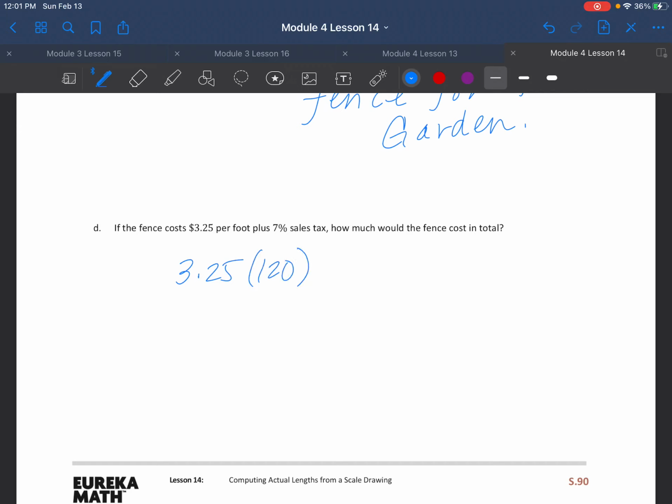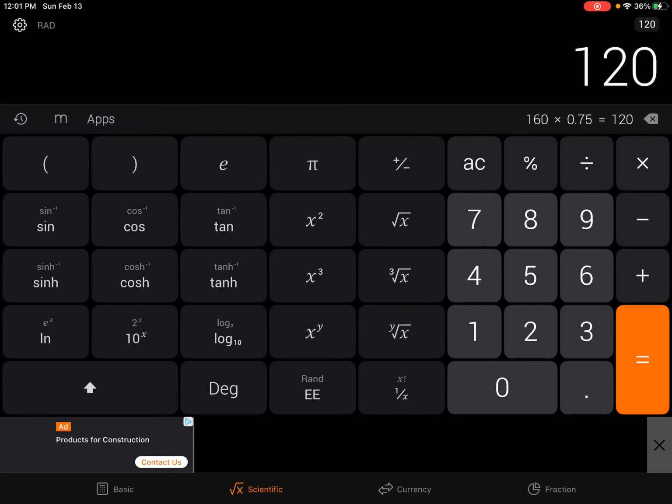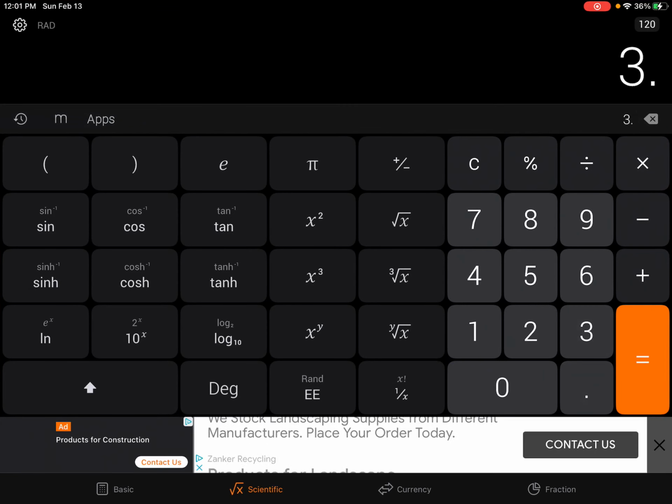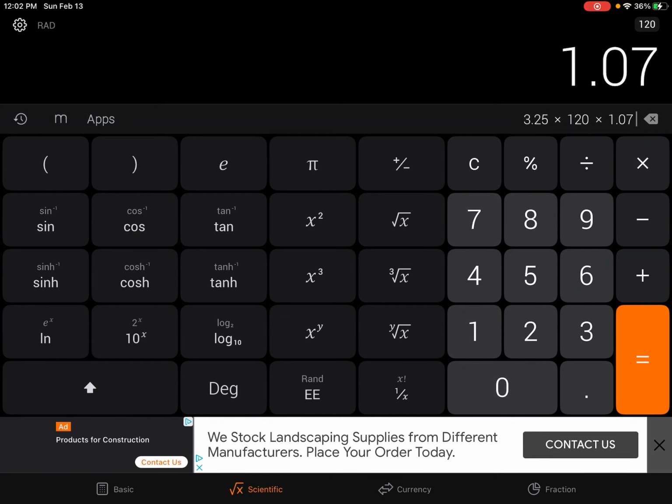All right, let's look at the next one. It says, if the fence costs $3.25 per foot plus 7% sales tax, how much is the fence going to cost? Well, it's $3.25 per foot, and we have 120 feet. And then our sales tax, remember our sales tax is an increase. So it's 100% plus 7%, which is 107%, okay?